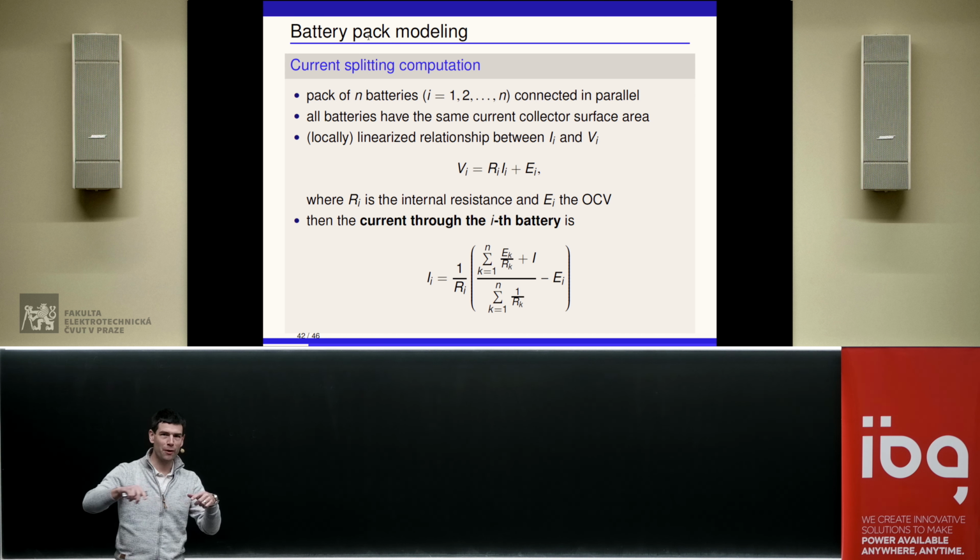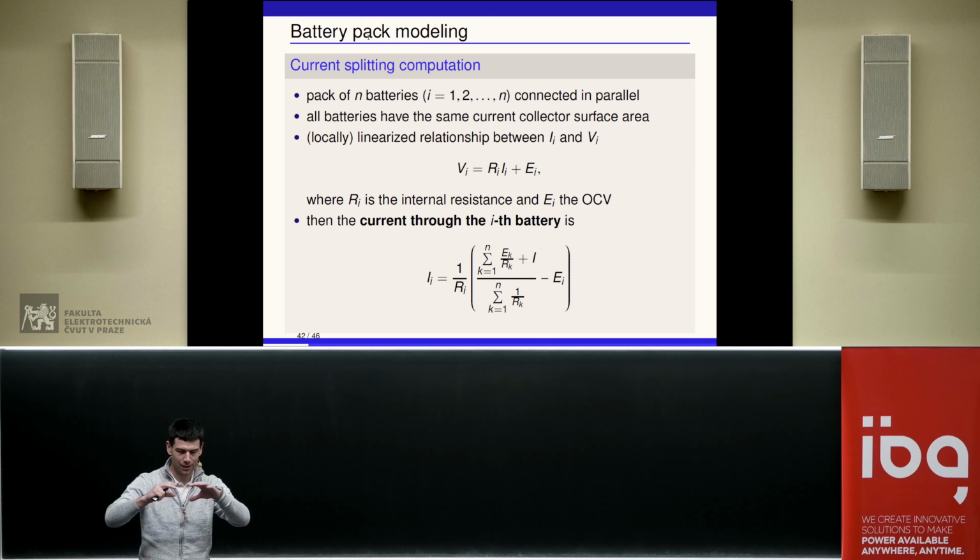Otherwise, you would have reverse currents and you could destroy the cells, which is usually prevented by connecting these cells with very thin wires that basically serve as a fuse when some of the cells deteriorate more quickly than the others.